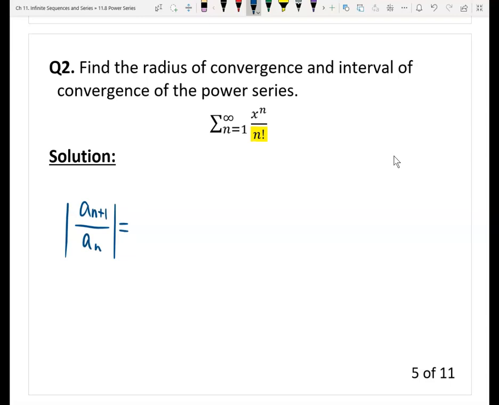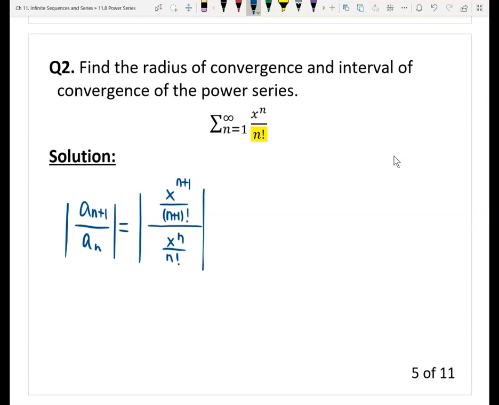Okay, so this time is a little bit longer. What's n plus 1, which is, I guess, n plus 1, right? Over (n+1) factorial. Okay, this is n plus 1. And what is a_n, which is, I guess, x raised to the nth power over the factorial of n.